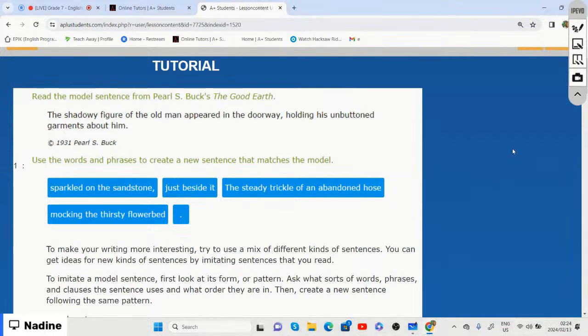And we use the words and the phrases to create a new sentence that matches that model sentence from Pearl S. Buck, and we're going to put these words in order. It says sparkled on the sandstone, just beside it, the steady trickle of an abandoned hose, mocking the thirsty flower bed.